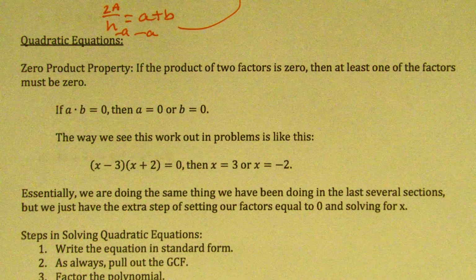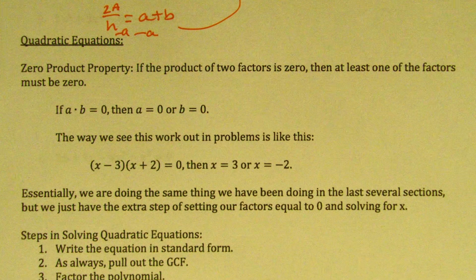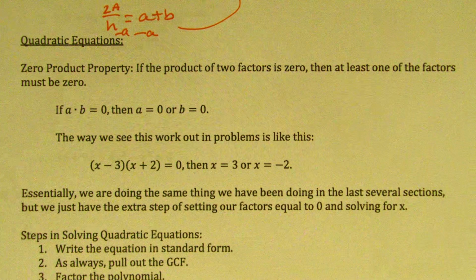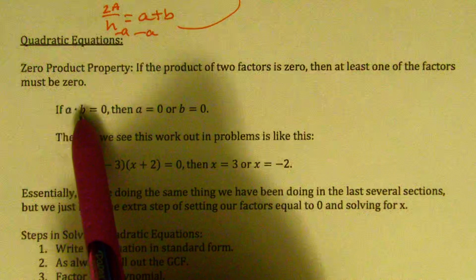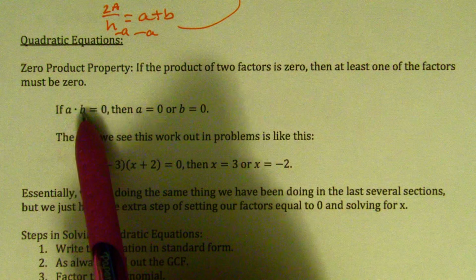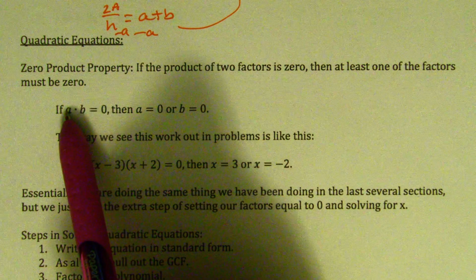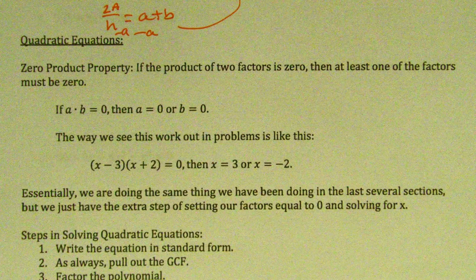And in order to solve these in all of those scenarios, we will be using what's called the zero product property. And what that means is if I have 2 numbers being multiplied and I know the answer is 0, but I don't know what those numbers are, the only way to get an answer of 0 is if either A is equal to 0 or B is equal to 0, or both.